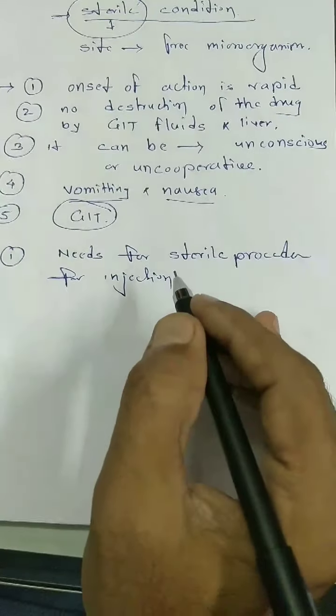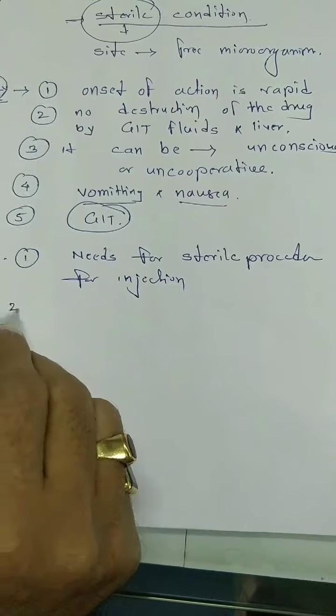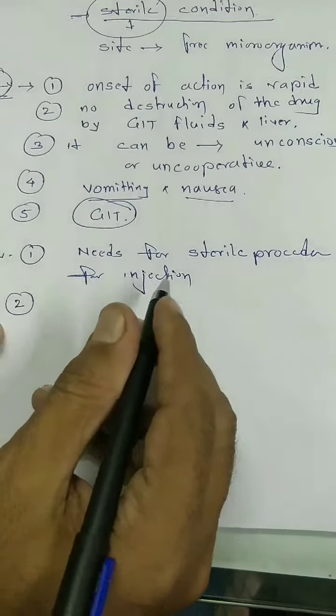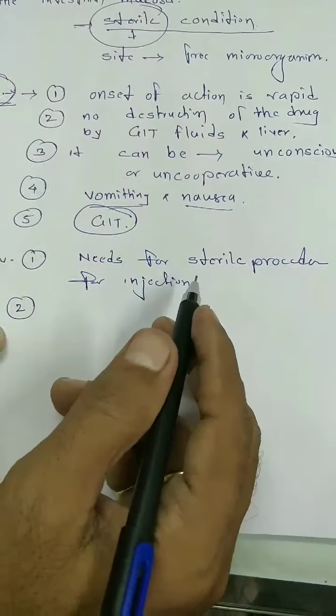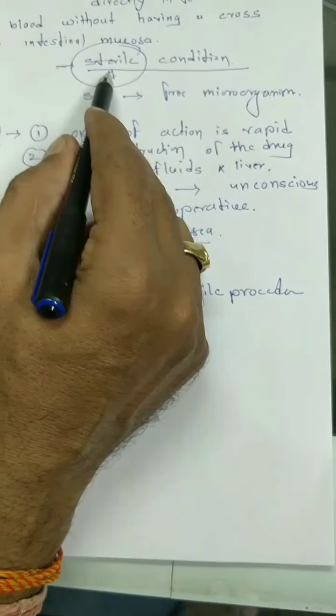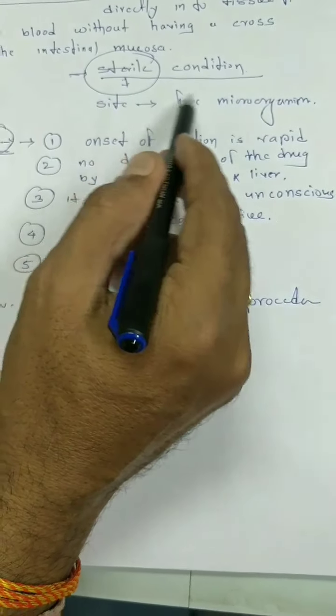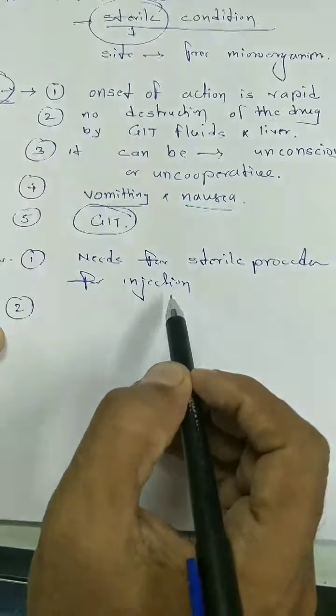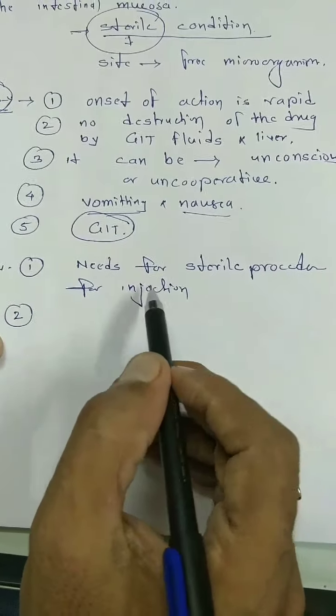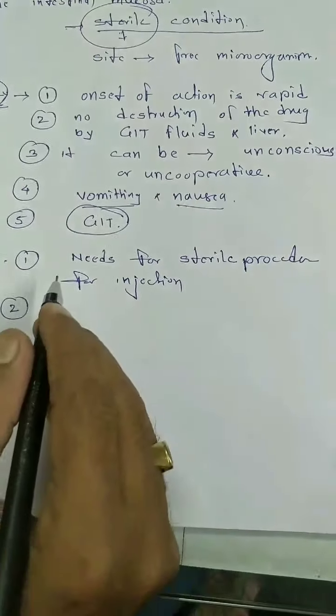It's very common, you know it very well. Before the injection, that site should be sterile. Sterile means free from microorganisms, and then the drug is applied. That is a major disadvantage. It's a sterile preparation, a must.